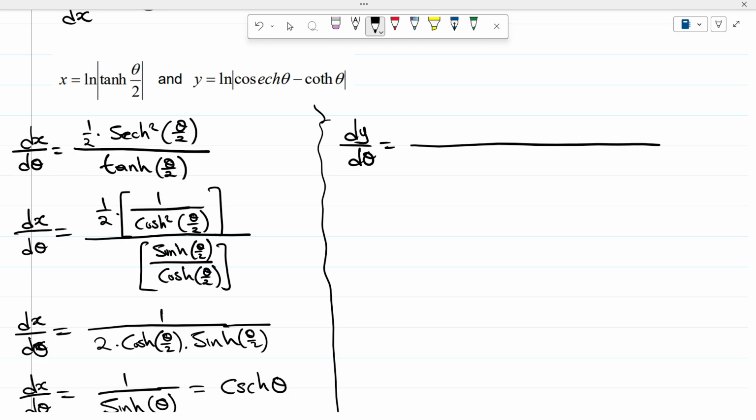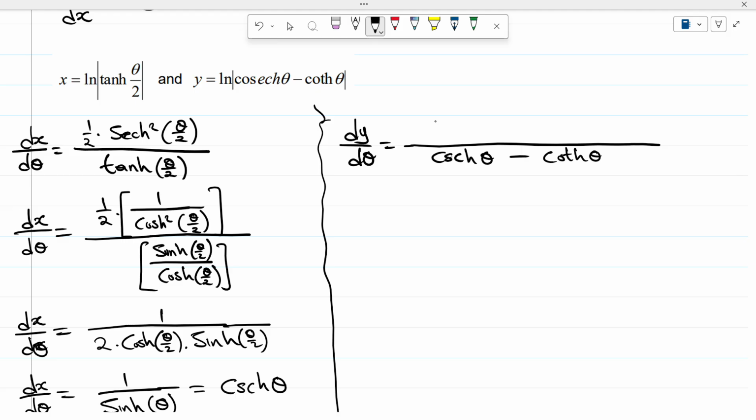Because I'm differentiating a natural log there, I just copy the argument, which is hyperbolic cosec of theta minus hyperbolic cot of theta, and then we differentiate the argument.